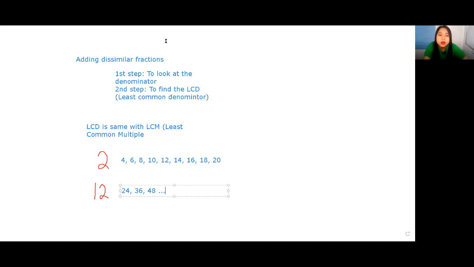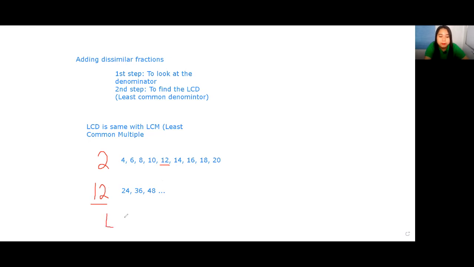Look, we have 2, 4, 6, 8, 10, 12, 14, 16, 18, 20, and we have 12, 24, 36, 48. So, which is common among them and least? When we say least, it means smallest. So, we have 12. So, our least common multiple for 2 and 12 is 12.